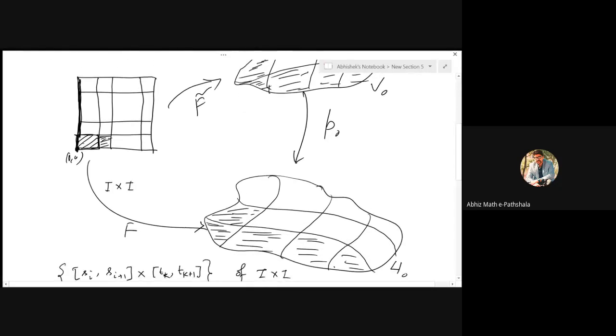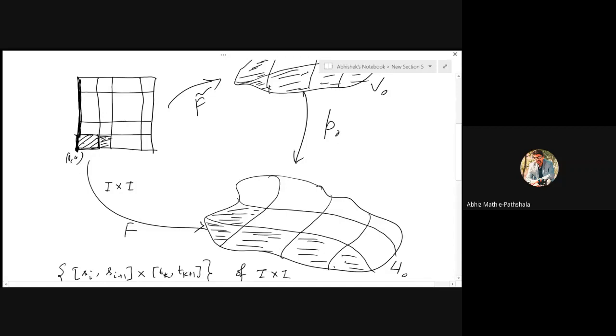So this left edge will be mapped to B naught by the map capital F. And since f tilde is a lifting of F, f tilde will carry this edge into P inverse B naught.